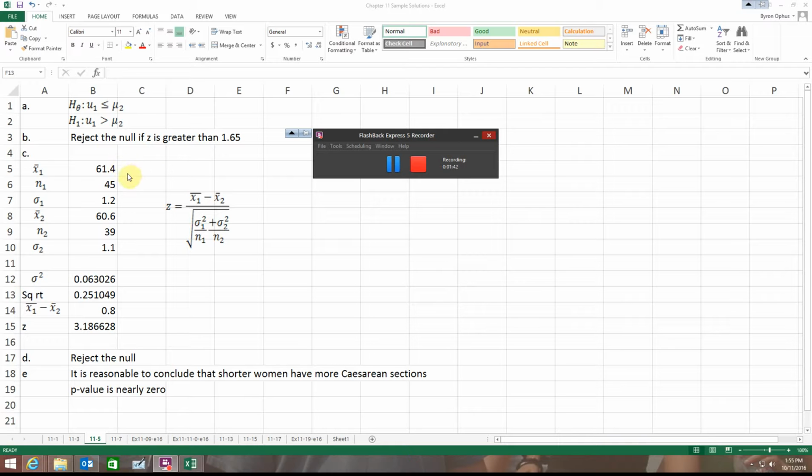So I remember our cesareans were the X sub 2, the second mean, in the second sample. I want to know if these ones were shorter, but that's my mu2, right? This is my mu2 here. But I always put mu1 first. Well, how do I do that?